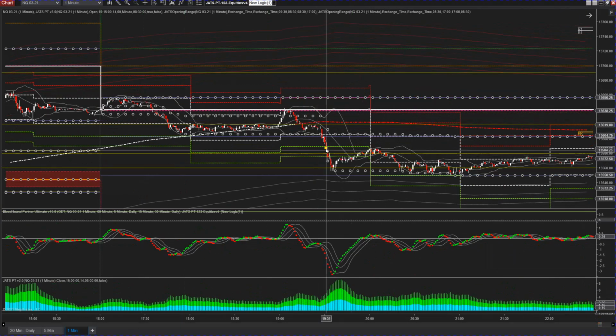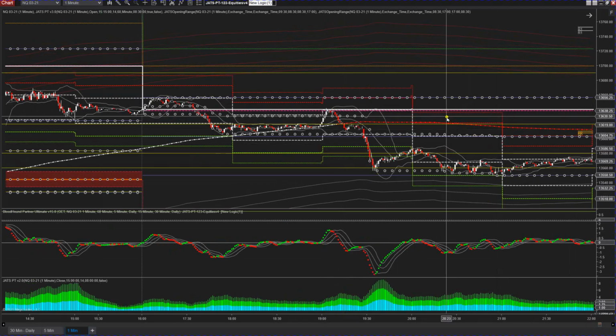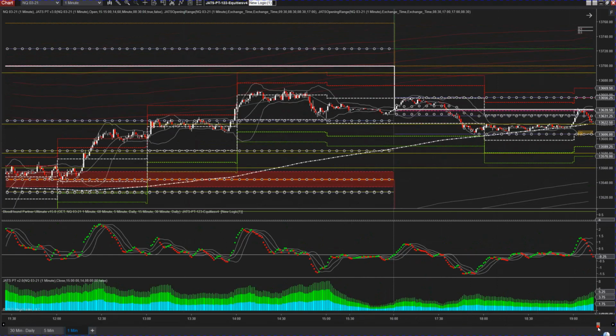So these breakouts, this one was just a reversal, but a lot of them will turn into bat tails, and you can measure one time the range, and that's generally how far they will go.